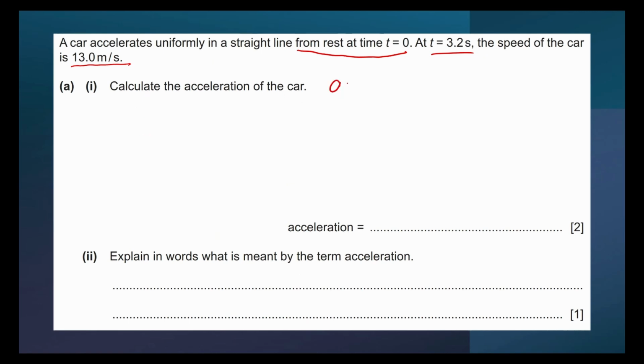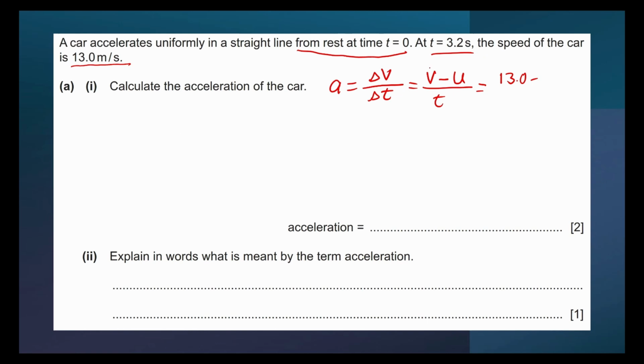The acceleration equals the change in velocity over time. The change in velocity means what? The final velocity minus the initial velocity over the time. Good. The final velocity here, what is the final velocity? When the speed reaches after time, this is the final velocity. It's 13.